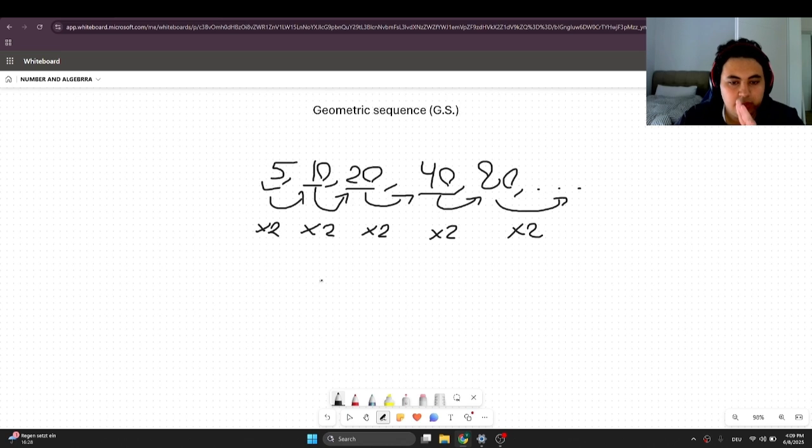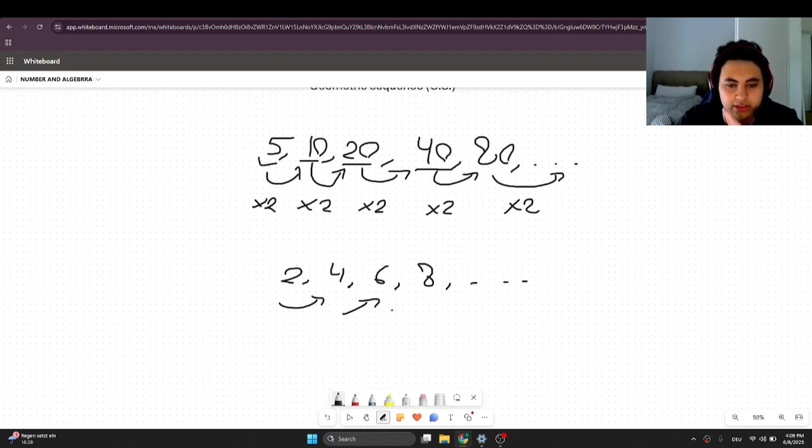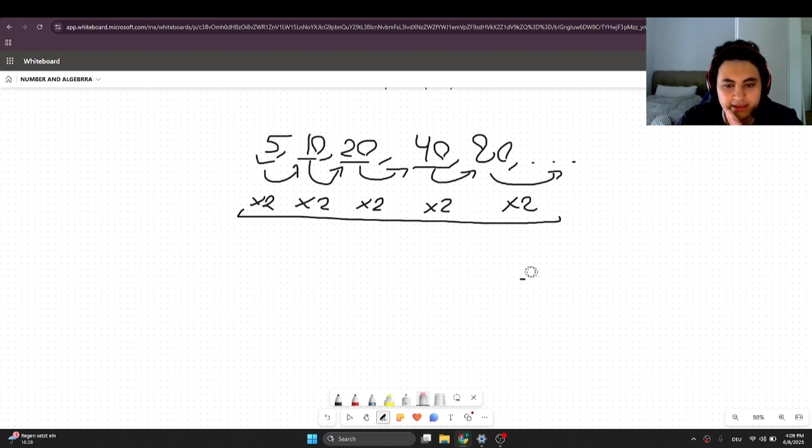Okay, so in arithmetic sequences, let's say, for example, we have 2, 4, 6, 8, and it keeps going. Here we're adding 2 each single time, right? We're adding 2, adding 2, adding 2. Here we're multiplying by 2. So arithmetic sequences deal with addition and subtraction, while geometric sequences deal with multiplication and division.